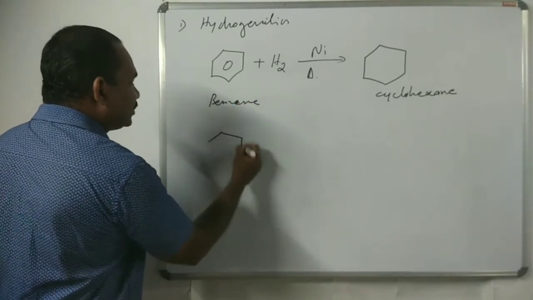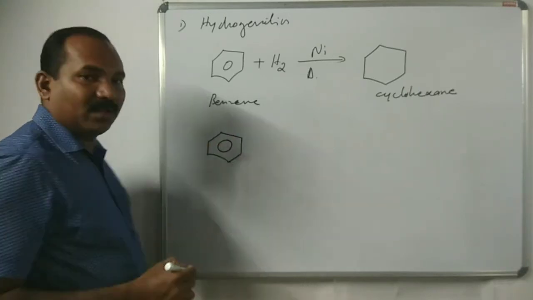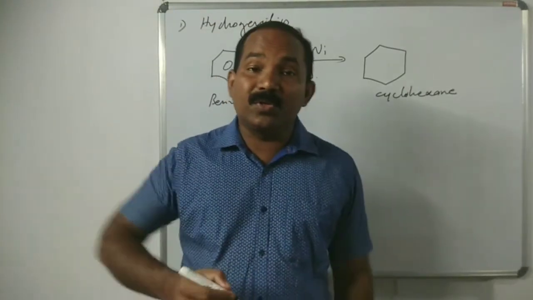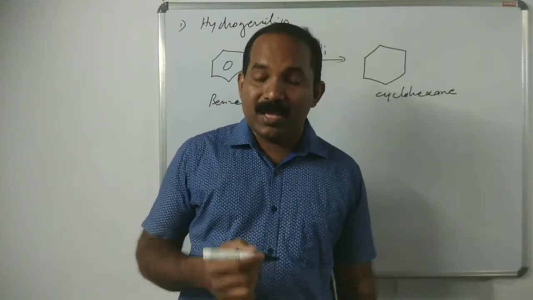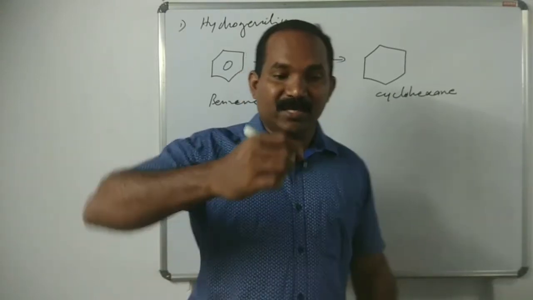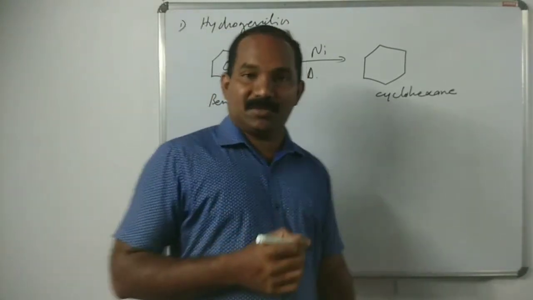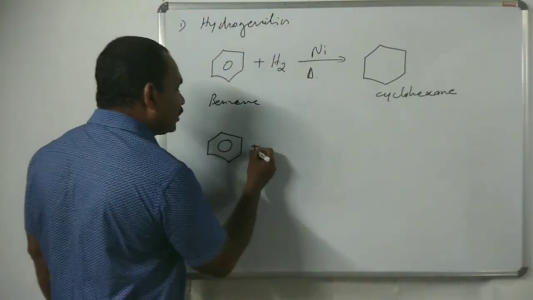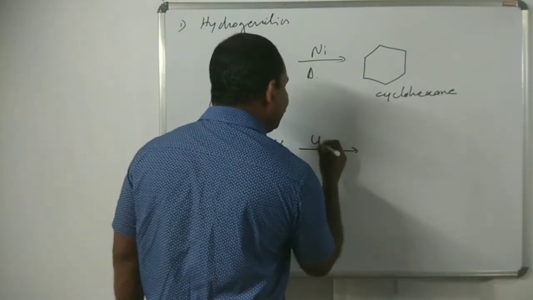The next one is halogenation. In the presence of UV light and excess chlorine, in the presence of UV light and 3 moles of chlorine, so we write 3Cl2 in the presence of UV light.